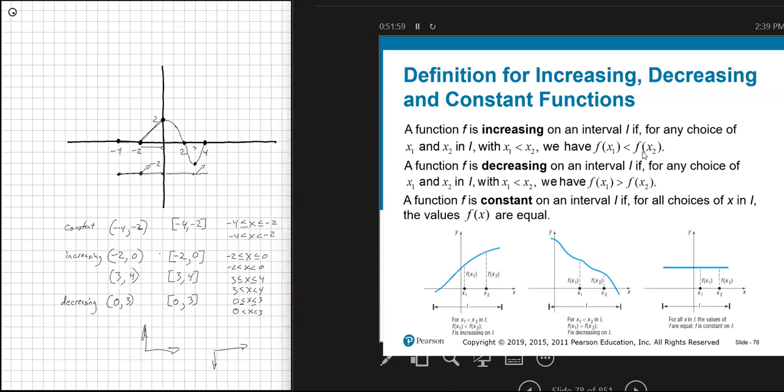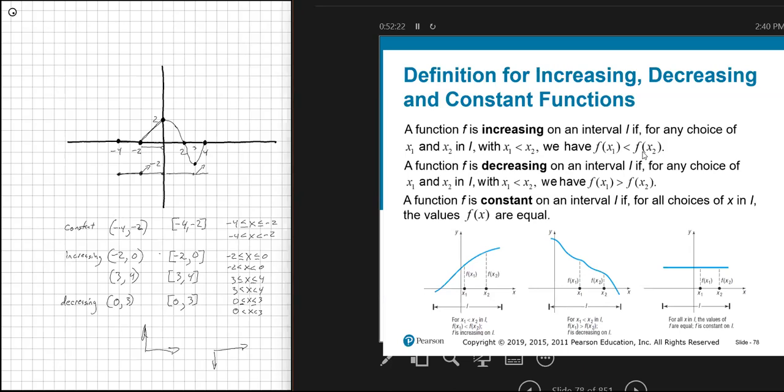Now we say a function is increasing if it's increasing over its entire domain. Like x cubed is always increasing on its domain. The cube root of x is always increasing on its domain. Where x squared is not.